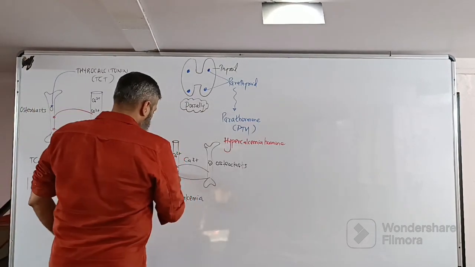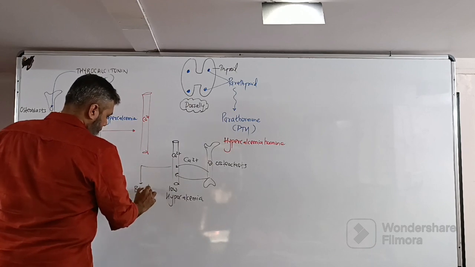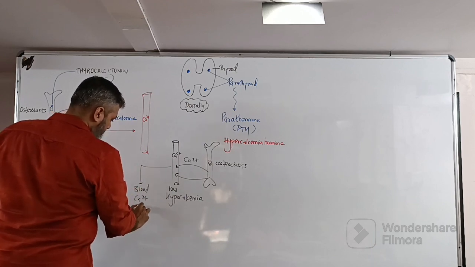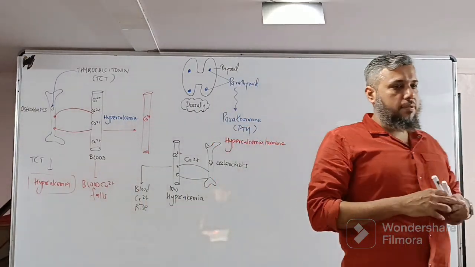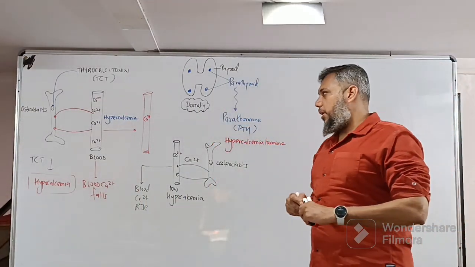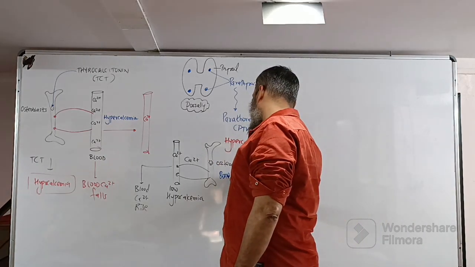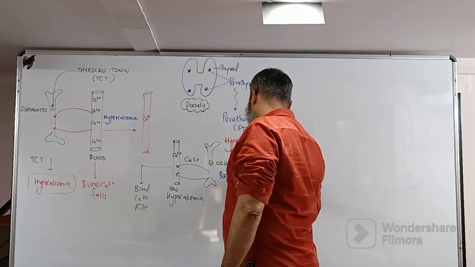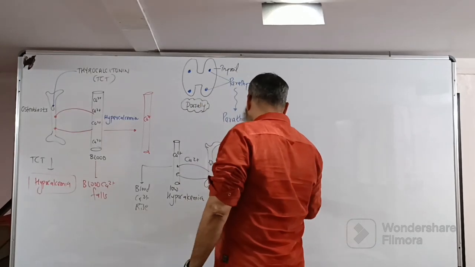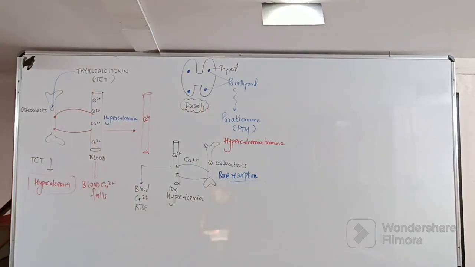So ultimately what happens? The calcium levels in the blood will rise, and that condition will be called hypercalcemia. So one is helping in bone formation, and the other is helping in bone resorption. Remember this word, resorption, the opposite of formation.